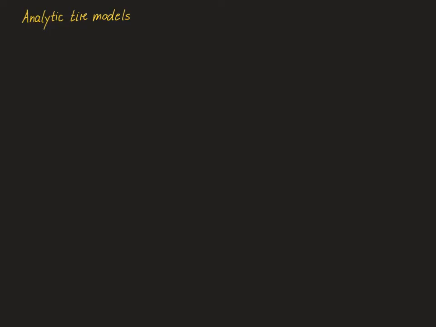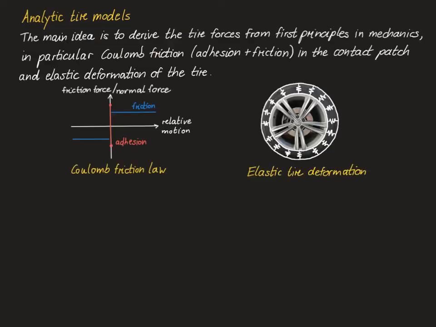Instead, in this course, we'll look at a few particular examples to give you an impression of what tire models are and also for you to know about the most important ones. We'll start by looking at analytical models because they are relatively simple and easy to understand, and hence they provide a pretty good insight into the basic behavior of a tire.